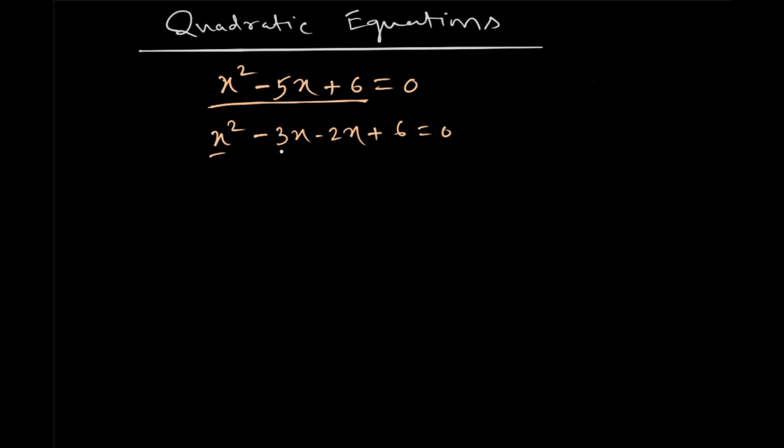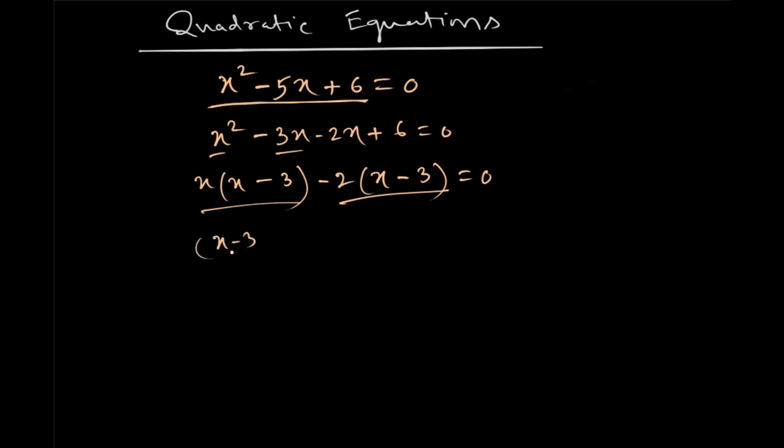Taking x common from these two terms, we get x minus 3, and from these two terms we can take minus 2, so it will be x minus 3. Now from these two terms we can take x minus 3 common.